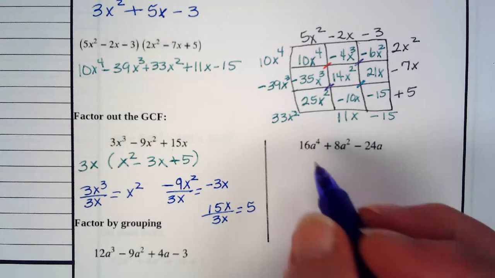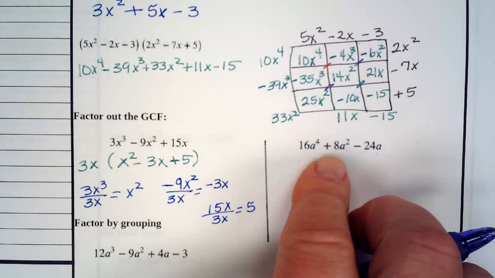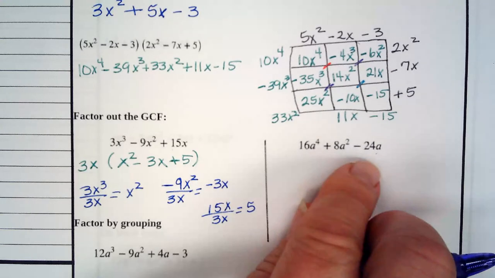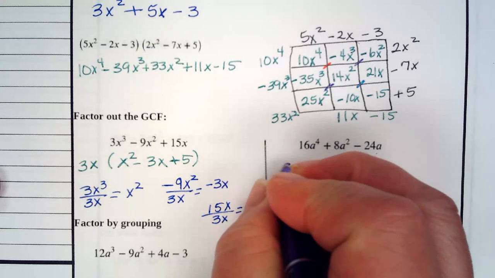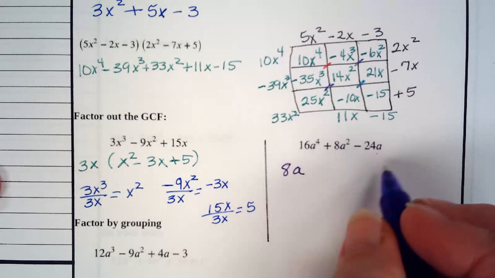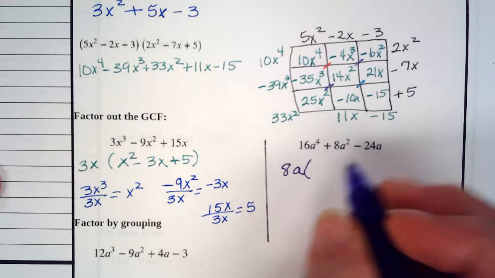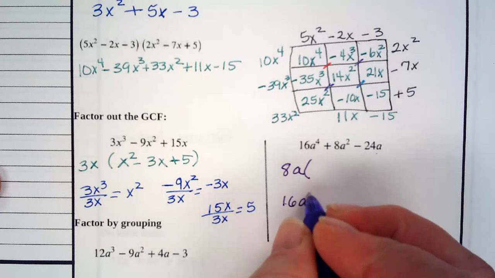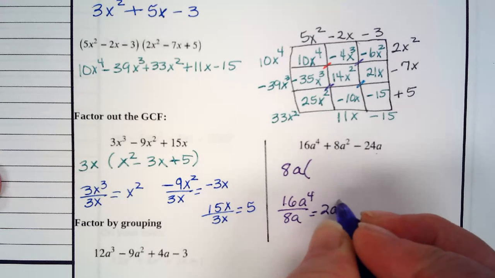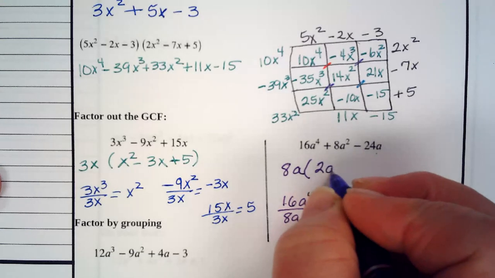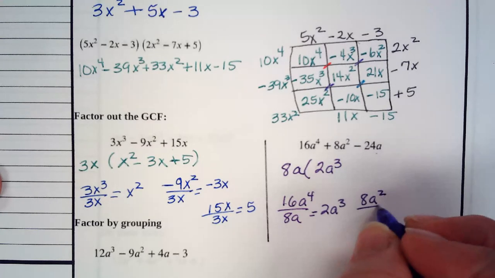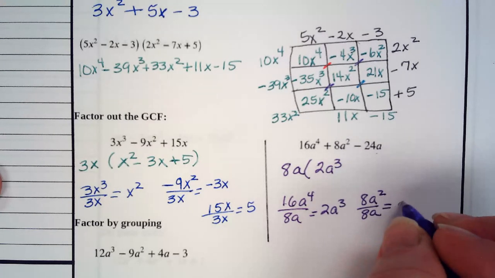Okay, I hope you tried. I've got 16, 8, and 24. 8 is the smallest number. Does 8 divide evenly into 16 and 24? Yes. So we'll pull out an 8. Then we've got a is the smallest, and we've got a factor of 8a in all of them. 16a to the fourth divided by 8a is 2a to the third. 8a squared divided by 8a is simply a.